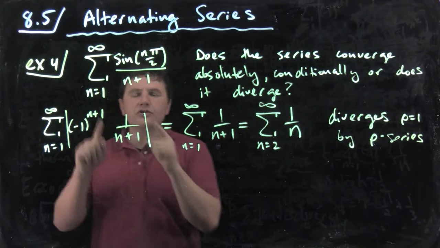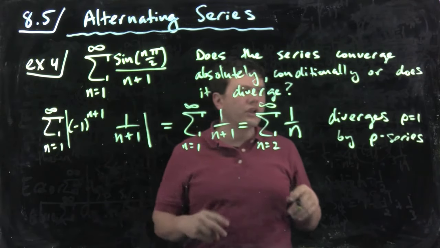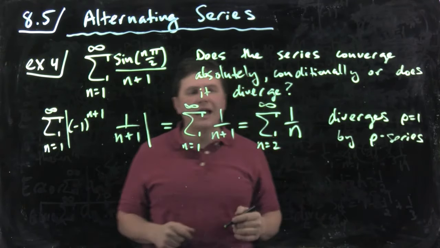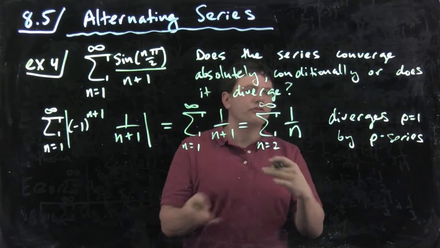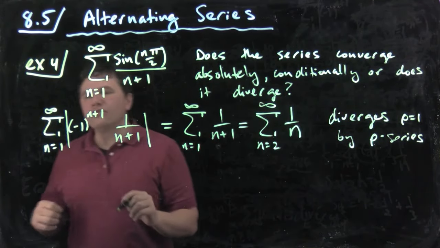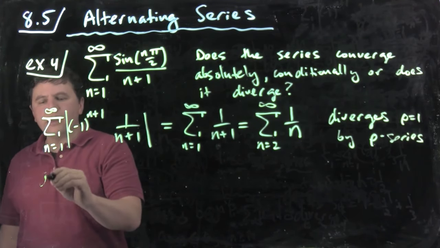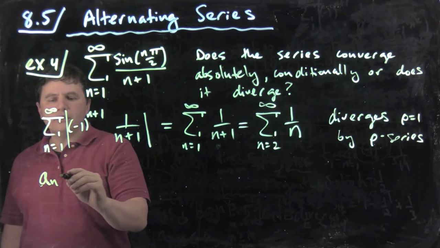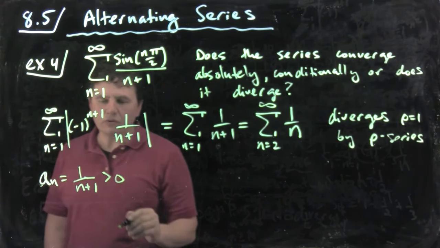So now it's either going to converge conditionally, because it has the alternator, or it's going to diverge. Those are the only options. So you first consider, what if we took away the alternator? Is it going to converge or diverge? This thing diverges. So then I go to the alternating series test. Once again, our a sub n is equal to 1 over n plus 1, which is greater than 0.